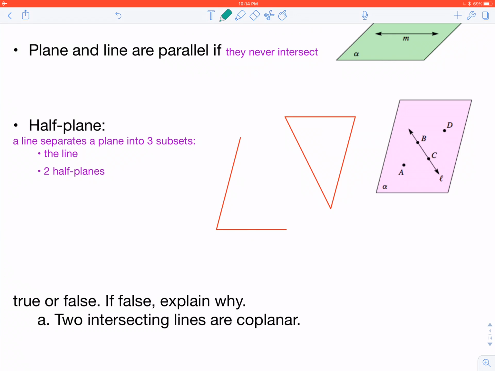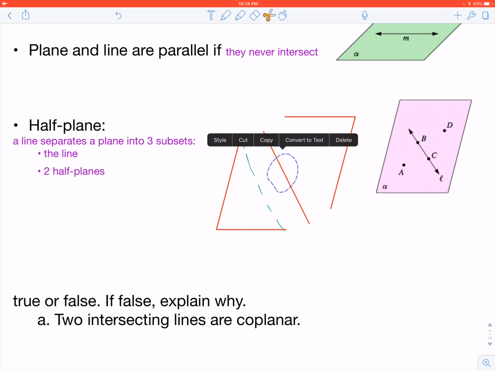Here's part of my plane. Here's the line that separates the two. And then here's my other half plane. So that would kind of be what we're talking about, is that line splits the plane up into three pieces, the two half planes and the line itself.